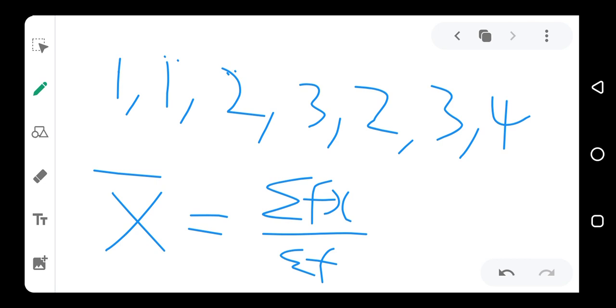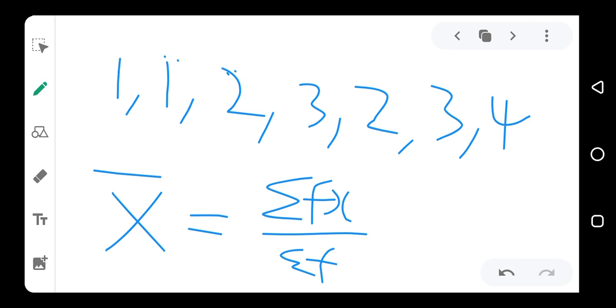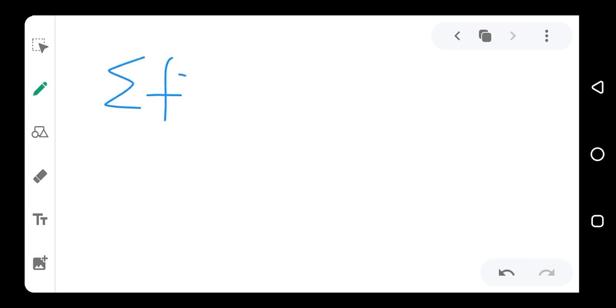Then sigma f is the total frequency. So here, for instance, if you have this value now and we want to use this formula to solve it, our sigma fx we can get by drawing a table.